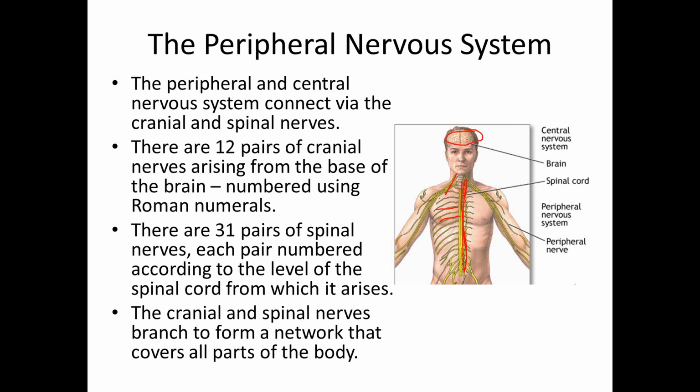The peripheral and central nervous system connect via two different types of nerves, the cranial nerves and the spinal nerves.